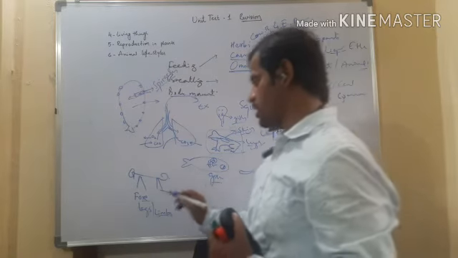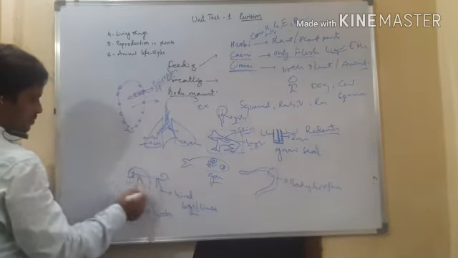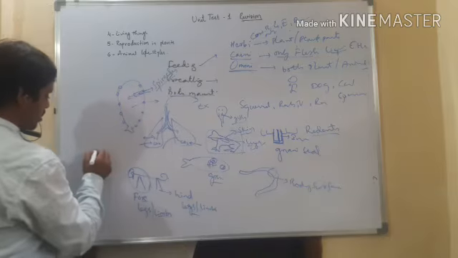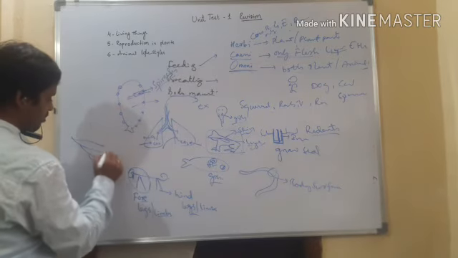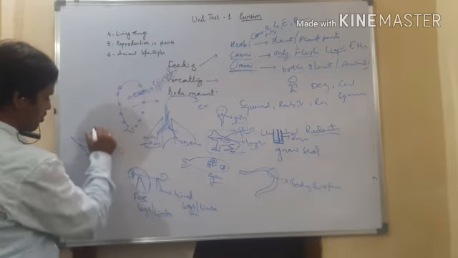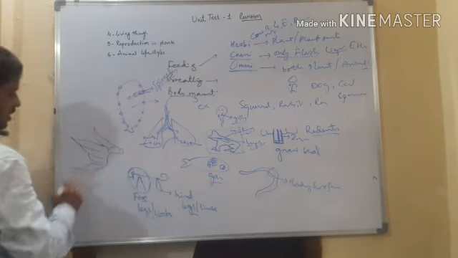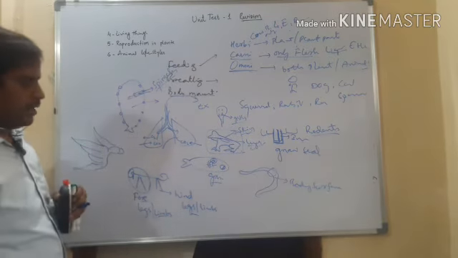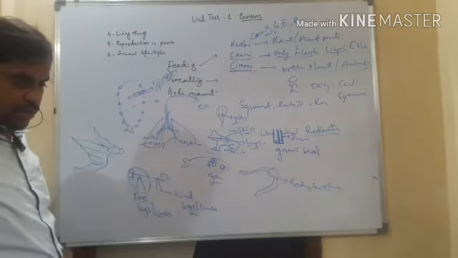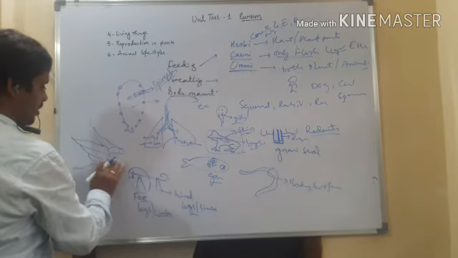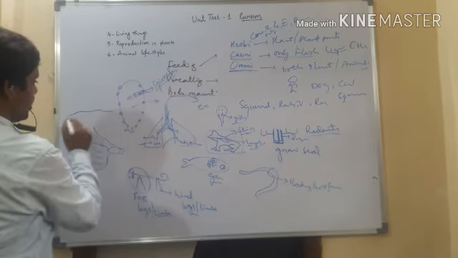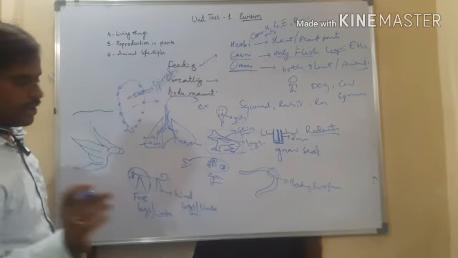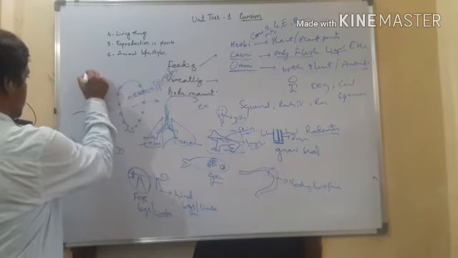Whereas in the case of birds, the front limbs become wings so that they are able to fly in the air. When they push the air down, they move up. And some animals don't have legs, for example, snake.